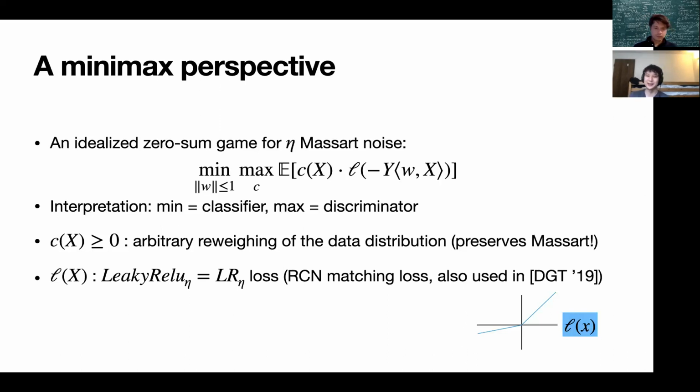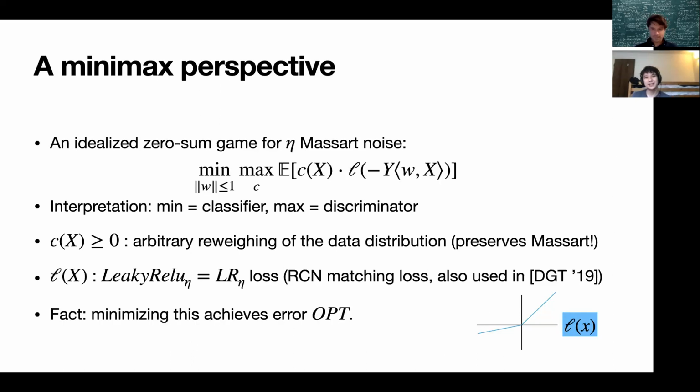We're not going to do any smoothing, so it's exactly equal to the function that people are familiar with from neural nets called the leaky ReLU, because it looks like ReLU but it's invertible. It comes from this matching loss theory, in the sense that you could predict this is the correct loss to use, and it's also used in the DGT work.